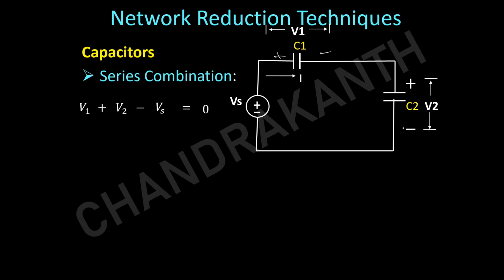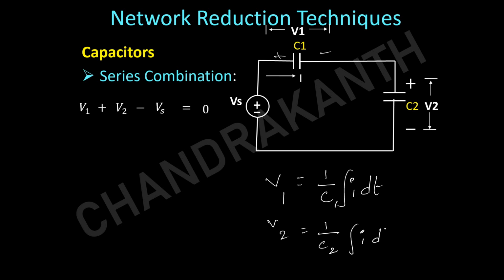So plus V1 plus V2 minus Vs equal to 0. Now we need to know the expression for the voltage in case of capacitors. We know voltage V is equal to 1 by C integral I dt. So V1 will be equal to 1 by C1 integral I dt and V2 will be equal to 1 by C2 integral I dt.